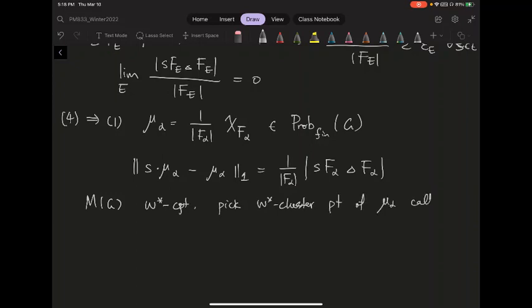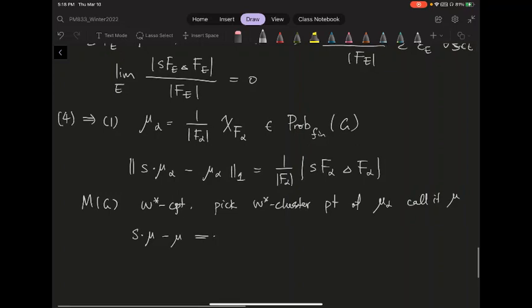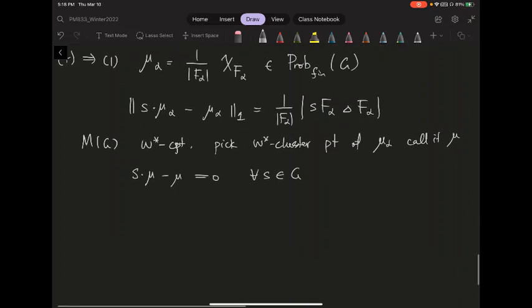Let's call it mu. Then this mu is going to be left invariant. So S dot mu minus mu is just going to go to 0, for all S inside G. That just follows from the Følner's condition. So your mu is your left invariant mean. Okay, so this finishes the proof that it's actually amenable.